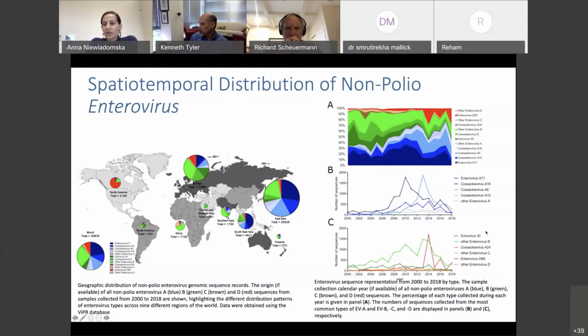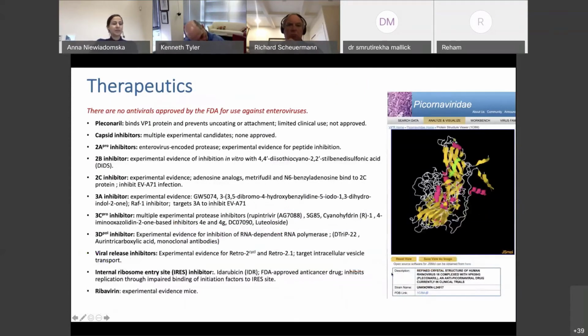And similarly, you'll see similar patterns for other enteroviruses, Enterovirus B, C, and D, which are in this graph down here. So it's a lot to take in, but it's worth taking the time to read about it because it's just such a diverse and interesting group of viruses.